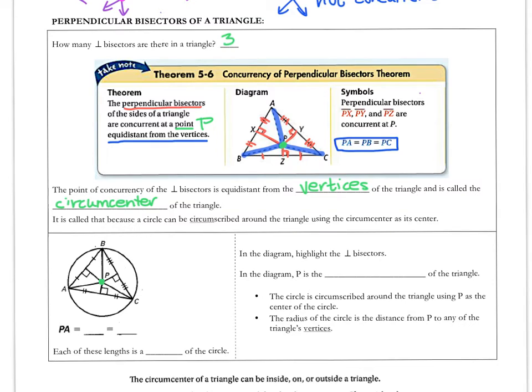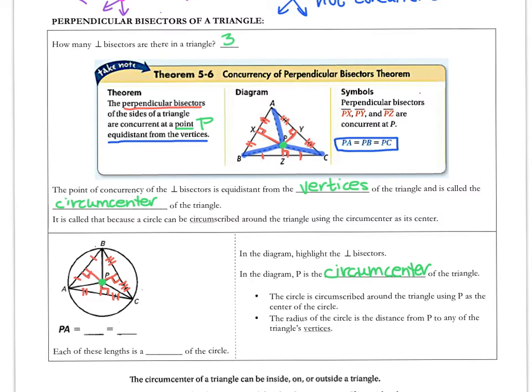The perpendicular bisectors are segments cutting those sides at their midpoint and forming a right angle. The point where they all come together is called the point of concurrency, which is called the circumcenter when you start with perpendicular bisectors.